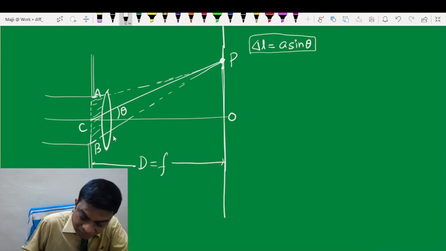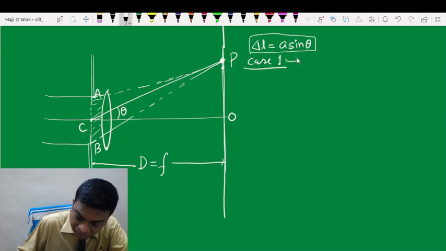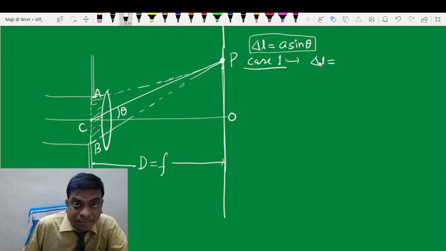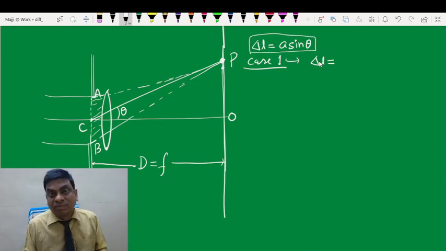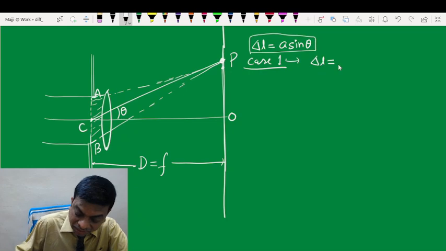Then now let us say that this delta L is an integral multiple of lambda. This explanation was given by Fresnel. Okay, Fresnel was the first person who gave the expression to this. So I am considering this as n lambda.